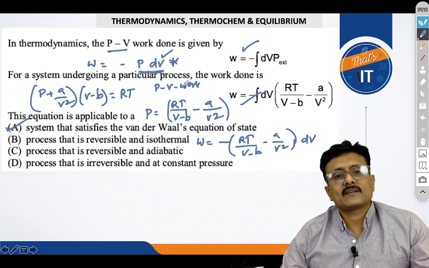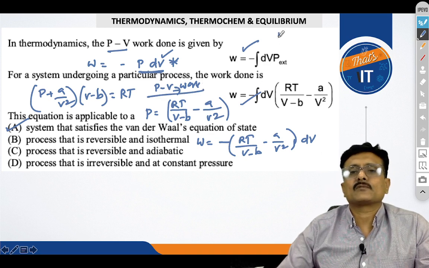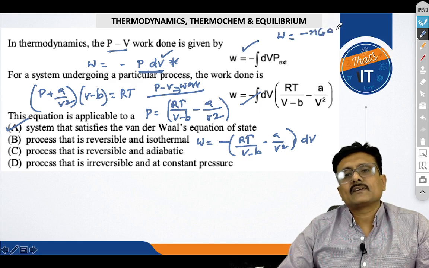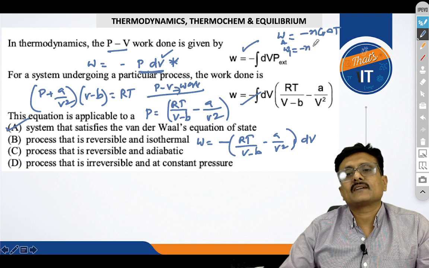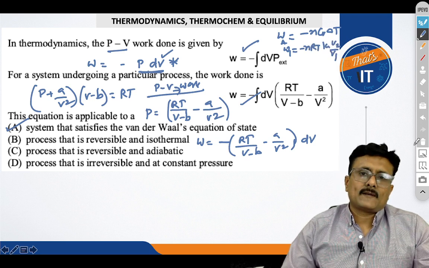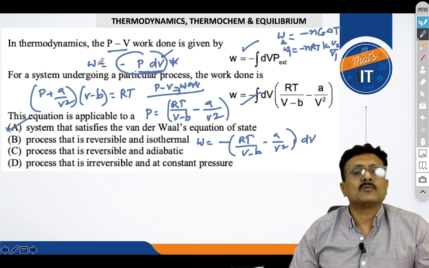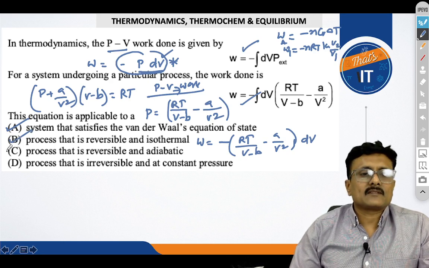Whether you take adiabatic or isothermal, only the equation would change when you want to find the work done. For adiabatic you will write it as minus n Cv dT for expansion. For isothermal, it will be minus nRT natural logarithm of V2 by V1. But before that, this is the work done for any gas, and this is for reversible as well.